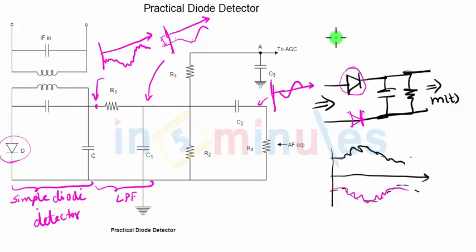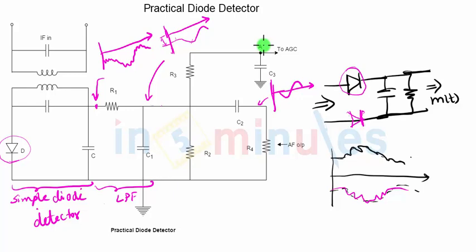Now what frequencies are present at the output of C1? We have the modulating signal, which consists of audio frequencies starting from 20 Hz, and apart from that we have a DC signal present. When I say it's a low pass filter, its cutoff frequency will be somewhere between the DC signal frequency, which is 0, and the minimum audio frequency, which is 20 Hz.